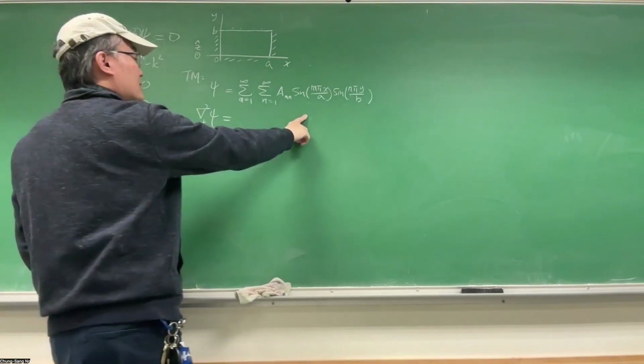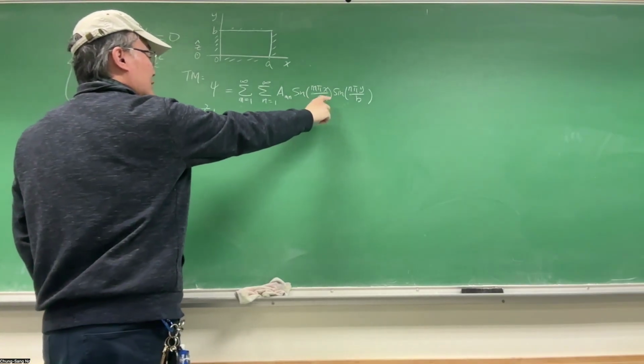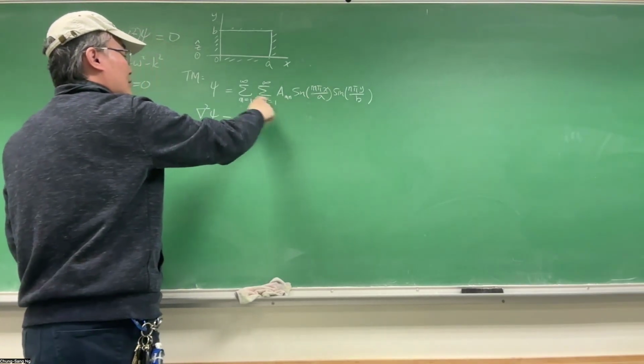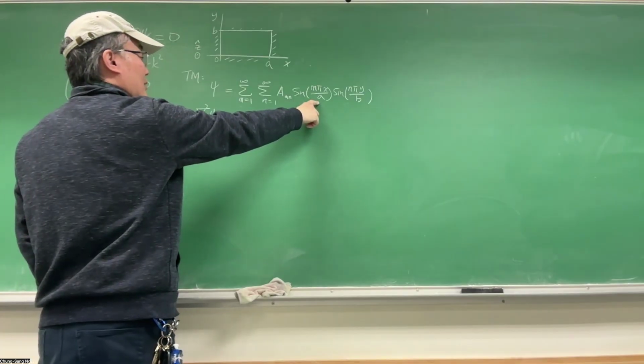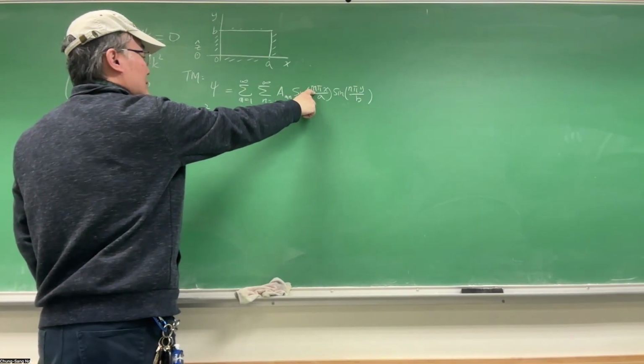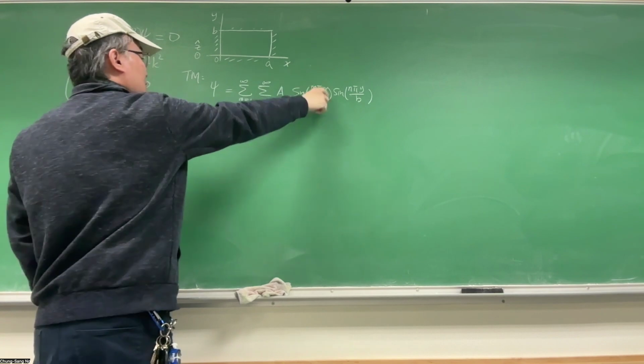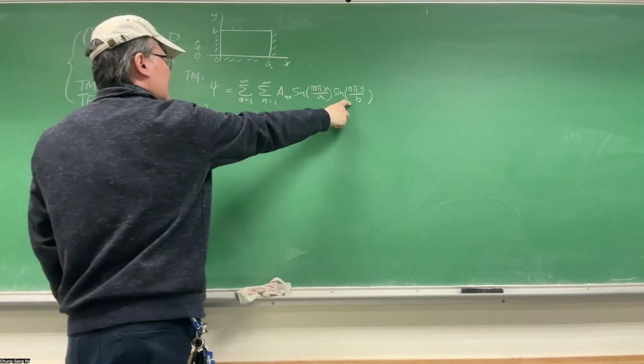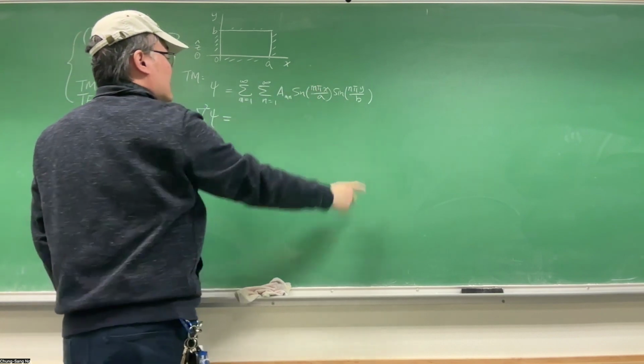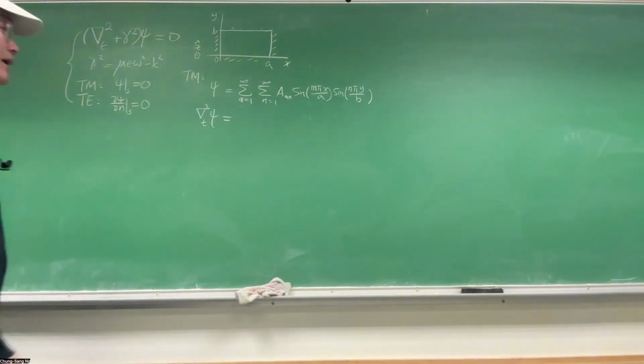With that straightforward, because these are sines, the second derivative with respect to x will pull out minus m pi over a, the whole thing squared. And the second derivative of the second term will pull out the minus n pi over b squared.